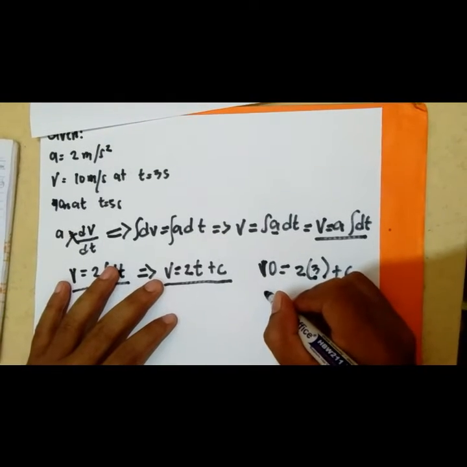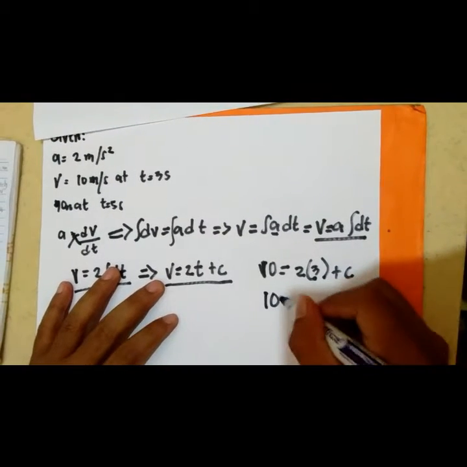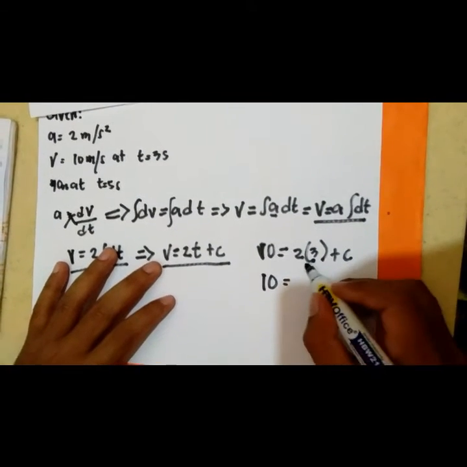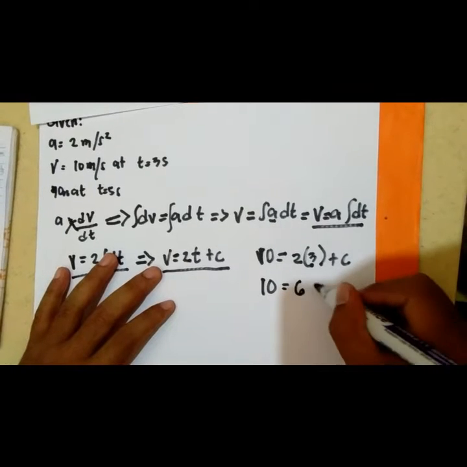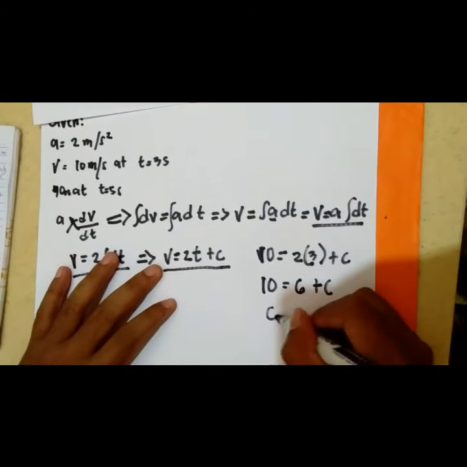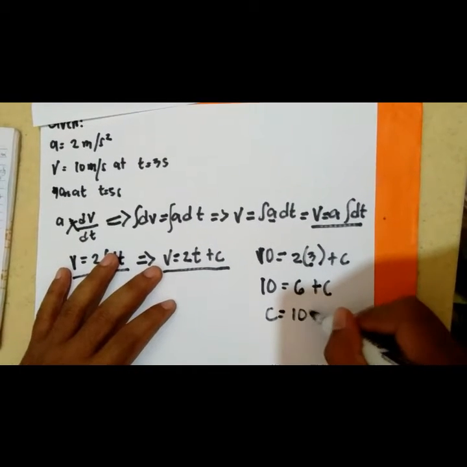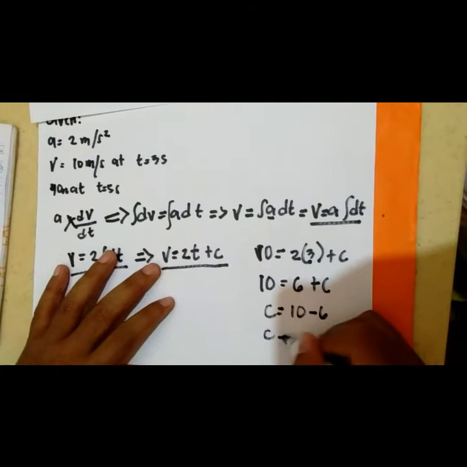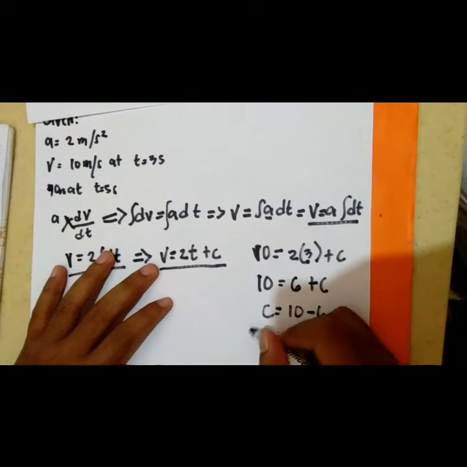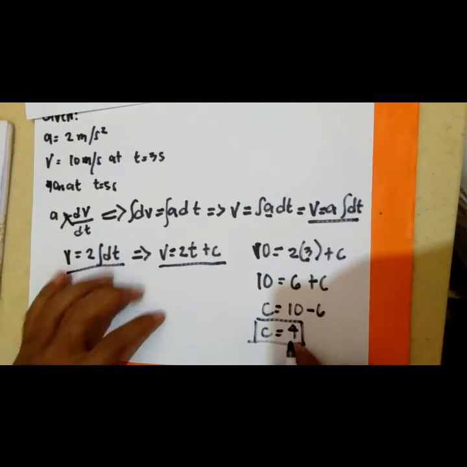So 10 equals 6 plus c. So c equals 10 minus 6. So c equals 4. Now we have the value of c.